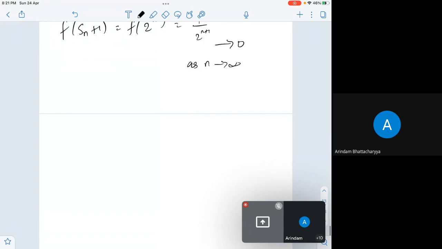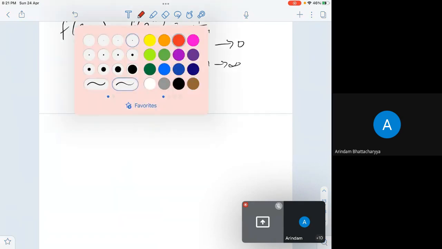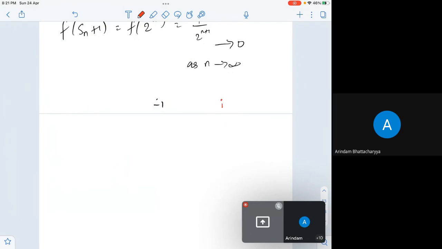So this is your picture. You have minus 1 here. You have 1 at distance half. You get 3 at distance 1/4. You get 7 at distance 1/8 and so on. Right?